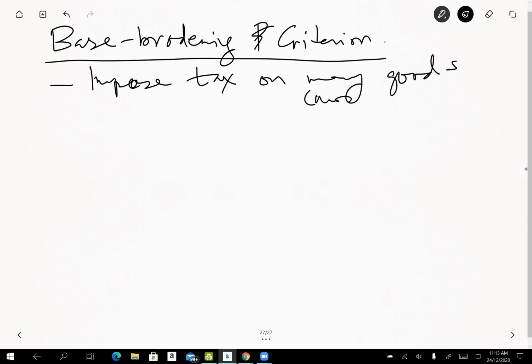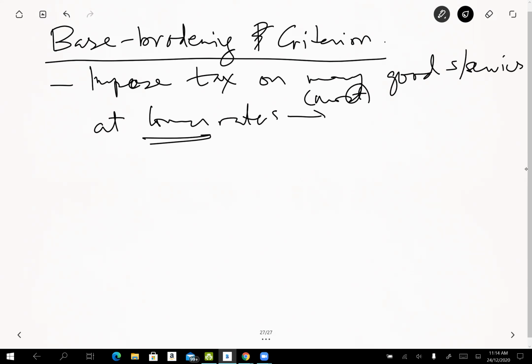In the country, most goods and services, you tax as many as you can, but at lower rates. When you tax many goods at lower rates, that contributes to the reduction of the total excess burden, so the total excess burden can be minimized.